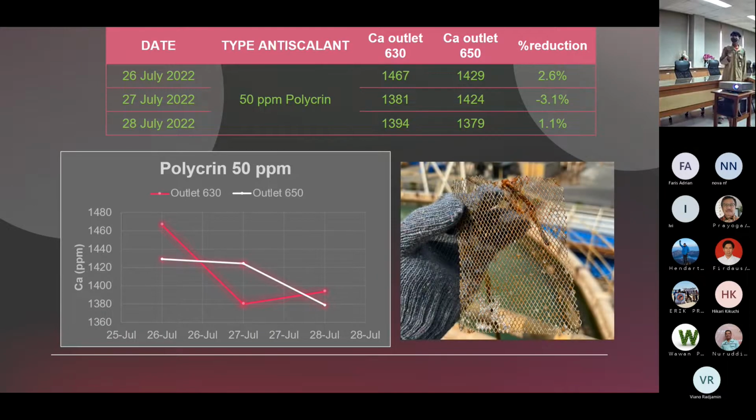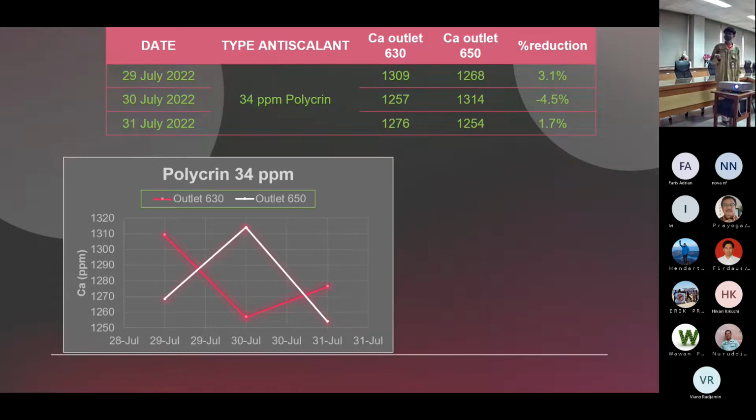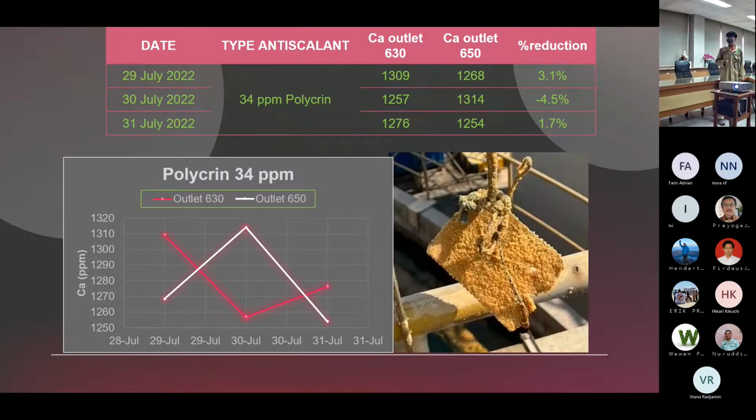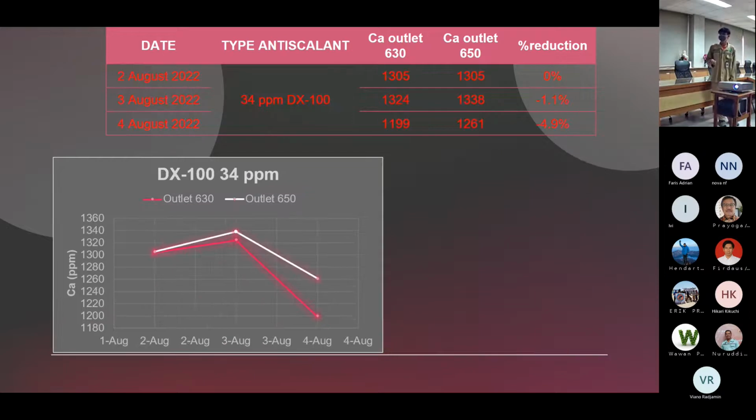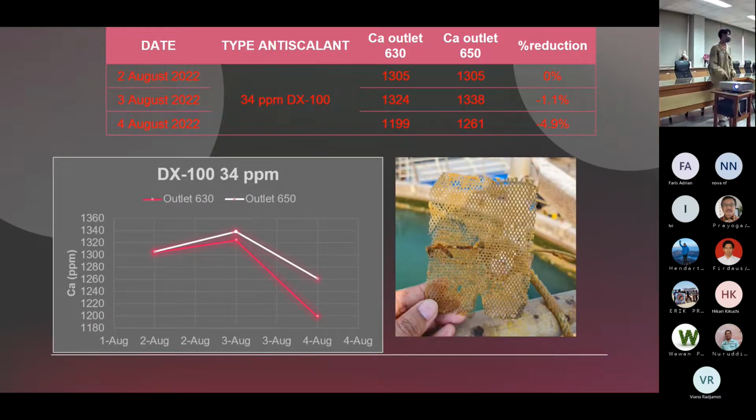Then for 34 ppm polyclean, a very bad coupon, please look, very bad. And then for the last one, 34 ppm DX100, look at this coupon, better than 34 ppm polyclean, but worse than 50 ppm DX100.